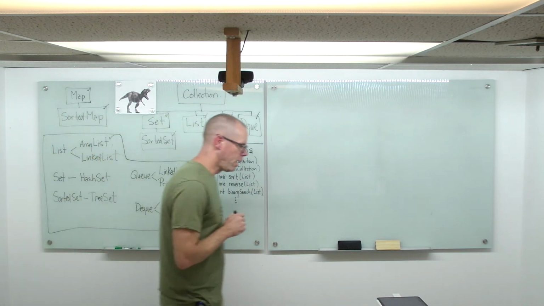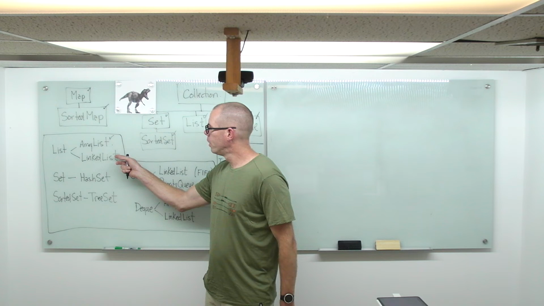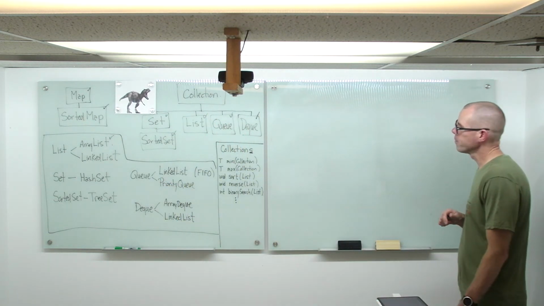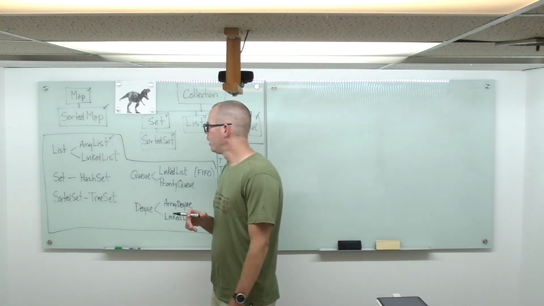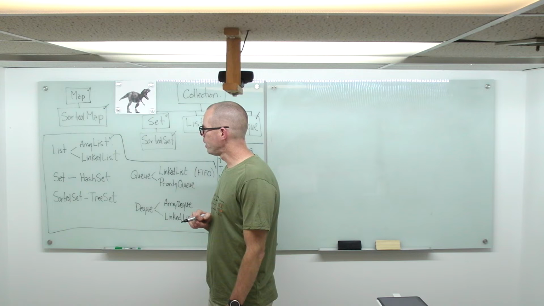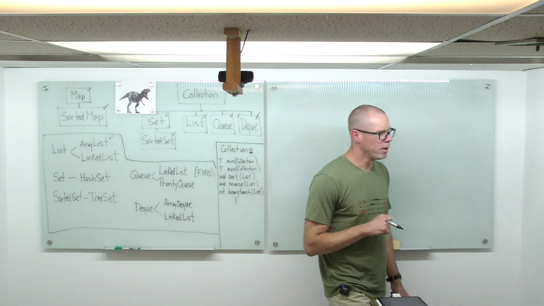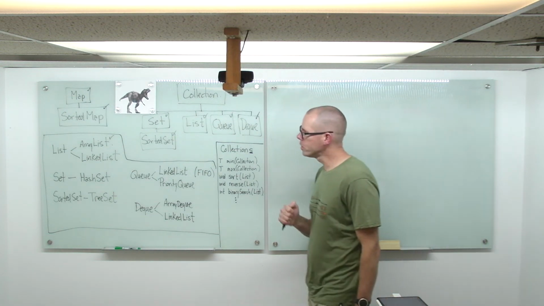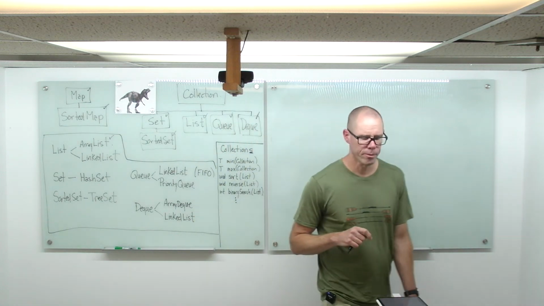Now, there is a second implementation of a list that's called a linked list. In technical terms, the linked list in Java, and this always comes up, especially during exams, the linked list in the Java collections framework is what people call a doubly linked list.